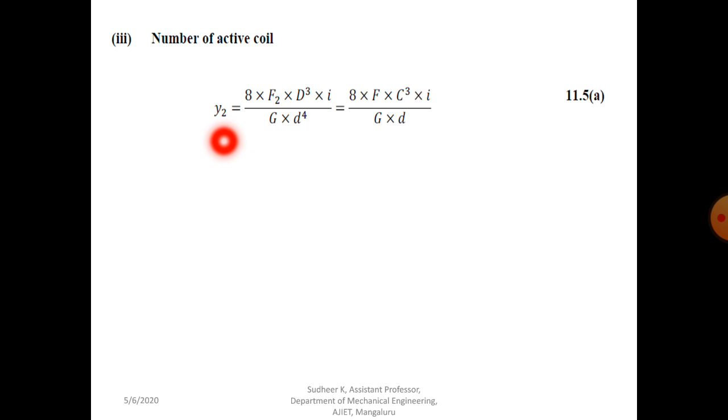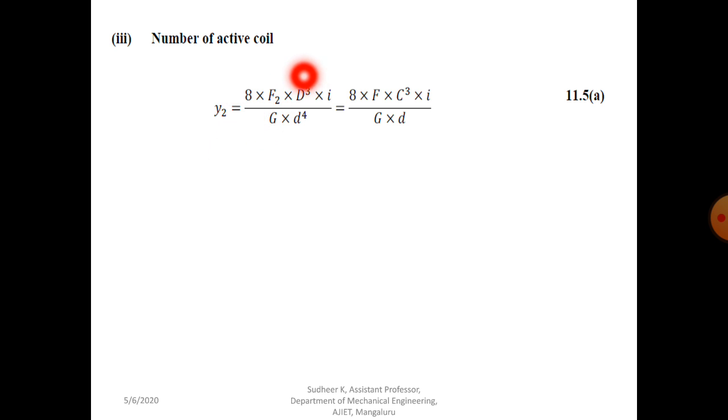In your data book they give y, so you have to replace it with y2 because it is maximum deflection. In the rest of the formula, wherever F comes, we have to change it to F2, because the deflection and load relation is given. It's nothing but the load deflection characteristics. So y2 is deflection and F2 is load, so here we have to consider maximum load as well as maximum deflection.